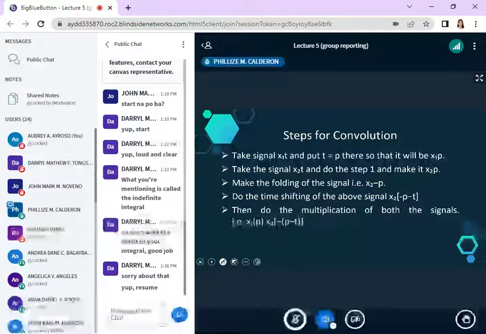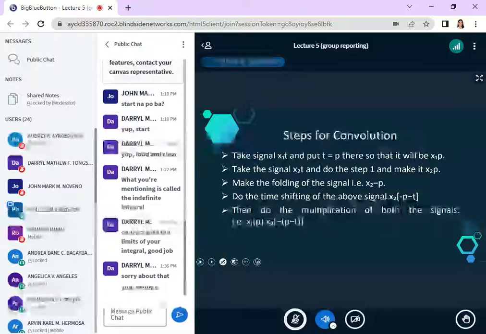Make the folding of the signal and do the time shifting of the above signal x sub 2 of quantity negative p minus t. Then do the multiplication of both the signals, x sub 1 p convolution x sub 2 of quantity negative p minus t. So, para mas maintindihan natin yan, bigyan tayo ng example.